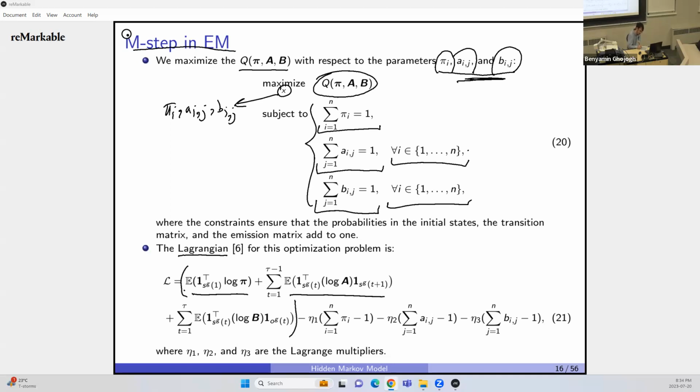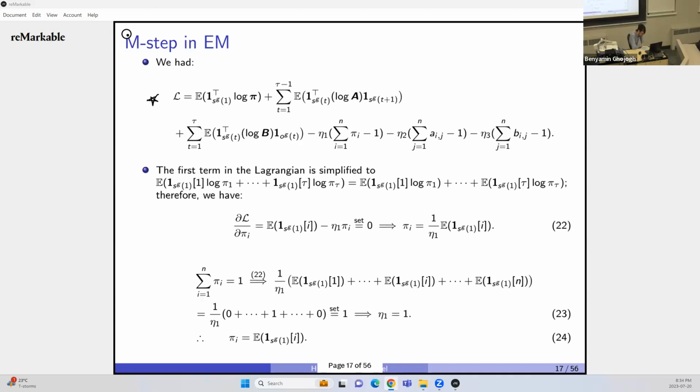These three terms are Q(π, A, B), the cost, and now I have these terms for the constraints, where η_1, η_2, η_3 are the dual variables, or Lagrange multipliers.